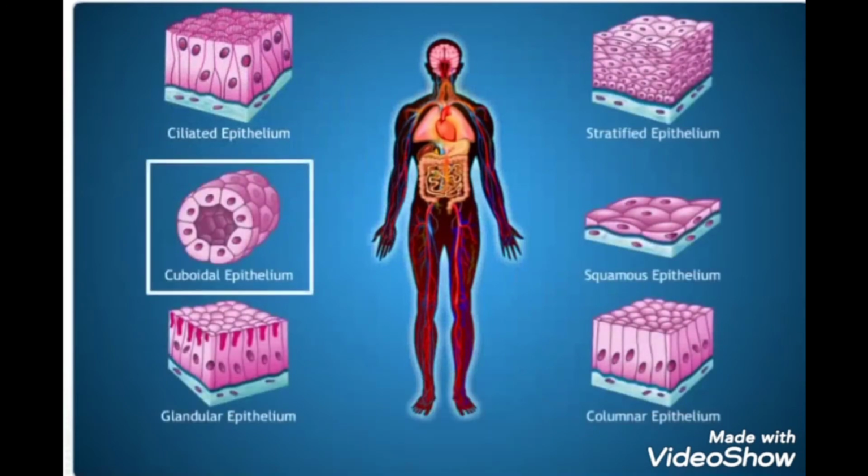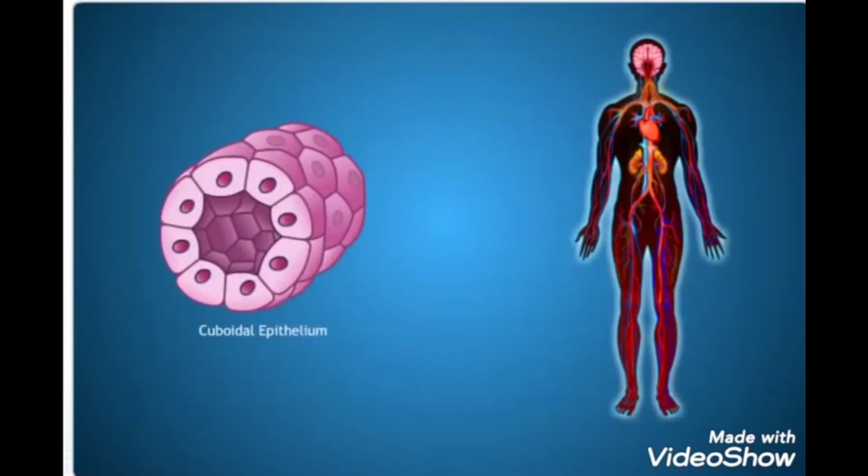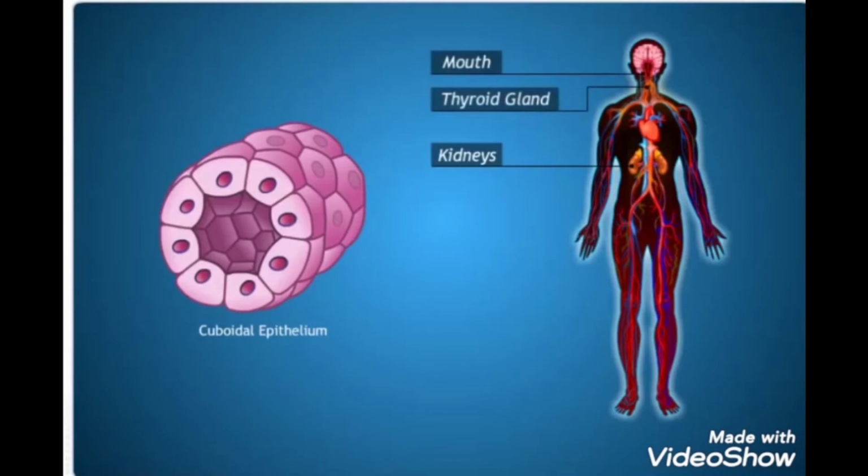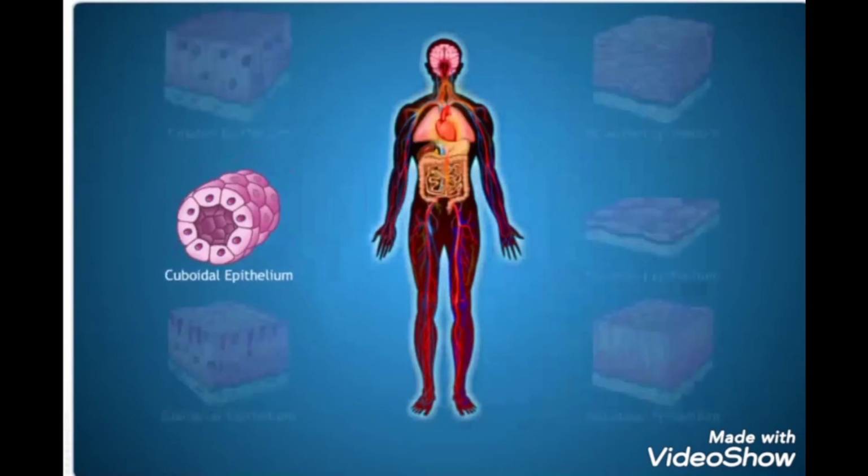These cuboidal cells belong to cuboidal epithelium tissue. This tissue is found in the lining of the kidney tubules, salivary glands, and thyroid glands, where it provides mechanical support.